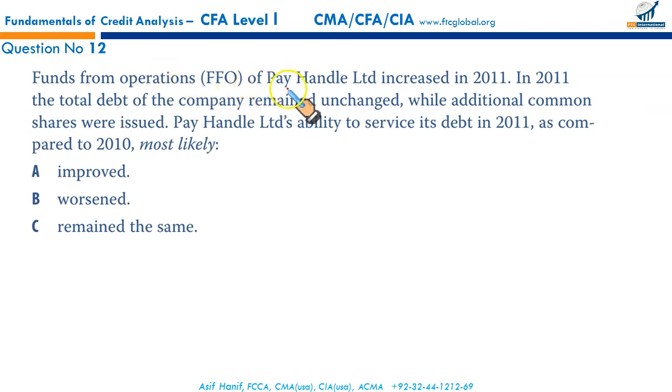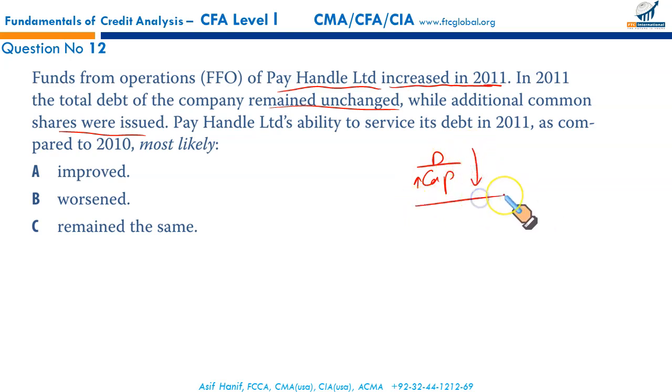Funds from operations of Pay Handle Limited increased in 2011. Good thing. In 2011, the total debt of the company remained unchanged, while additional common shares were issued. What does it mean? Debt stayed the same, common shares were issued, so it means the debt to capital ratio improved. It's now lowered because the denominator is bigger and the numerator stayed the same, so lower the better.